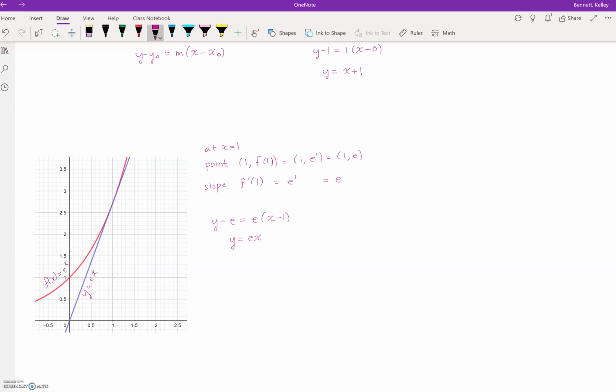Here's another first-degree polynomial approximation for f of x, but this time we did it at the point x equals 1. Here they touch and are tangent, and you can see that there's a nice little area where the line is a good approximation for the function f.